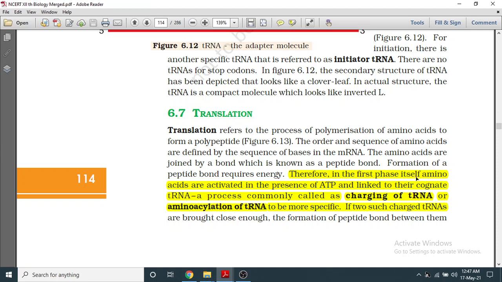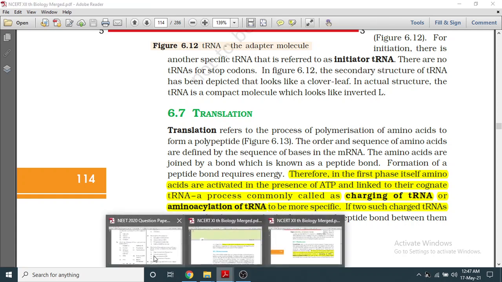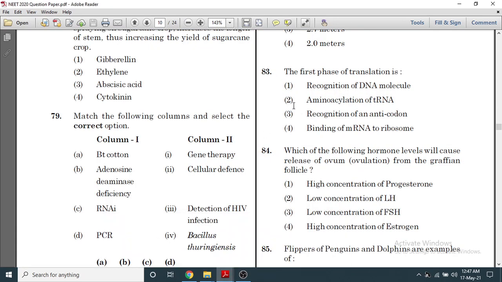In the first phase itself amino acids are activated in the presence of ATP and linked to their cognate tRNA, a process commonly called charging of tRNA or aminoacylation of tRNA. So they have written aminoacylation, option number 2. Question number 83 done.